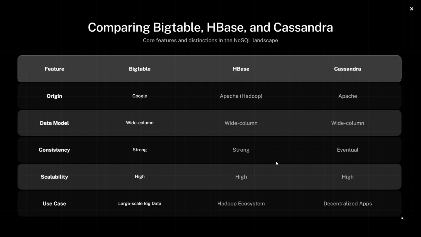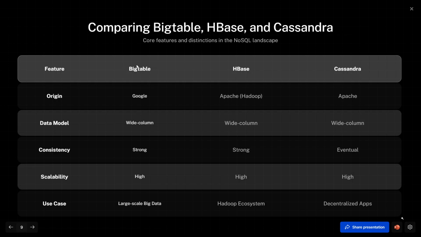Some popular systems include Apache HBase, a direct open source implementation built on Hadoop, and Cassandra, developed by Facebook, combining ideas from Bigtable and Amazon's Dynamo. Bigtable originates from Google, HBase from Apache Hadoop, and Cassandra from Apache.